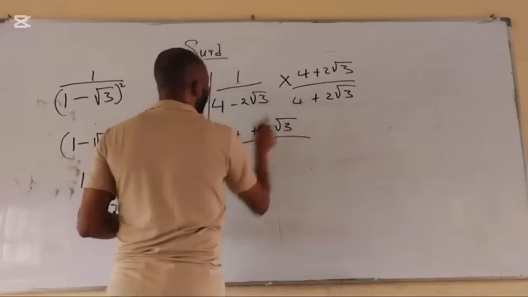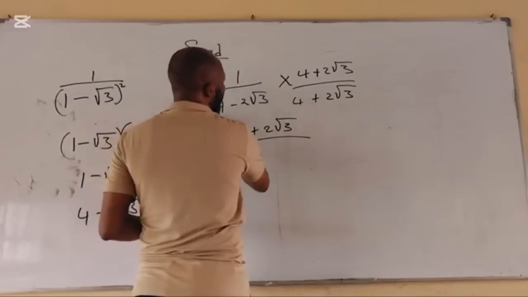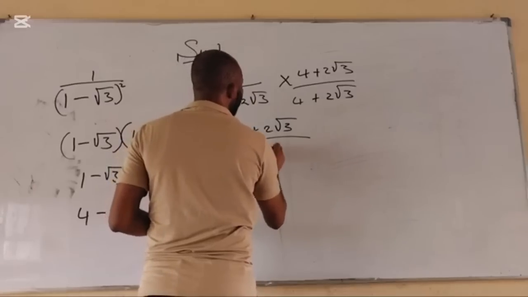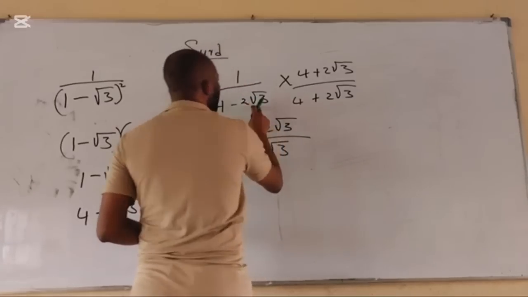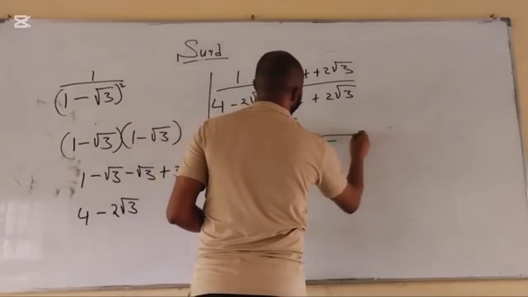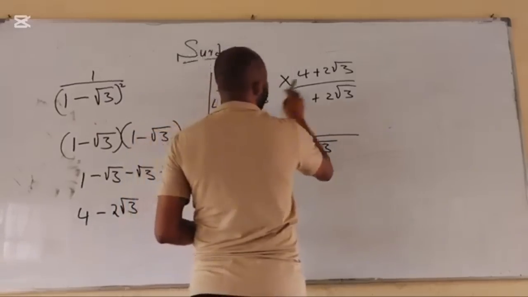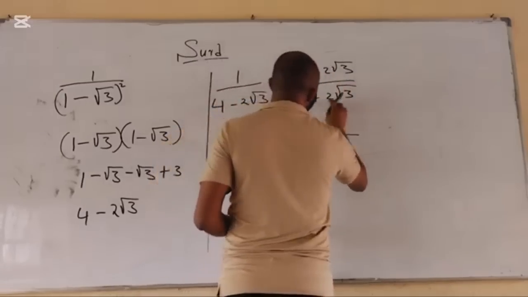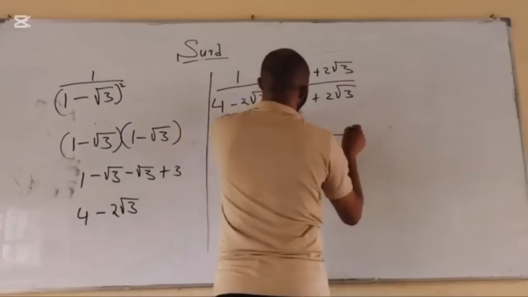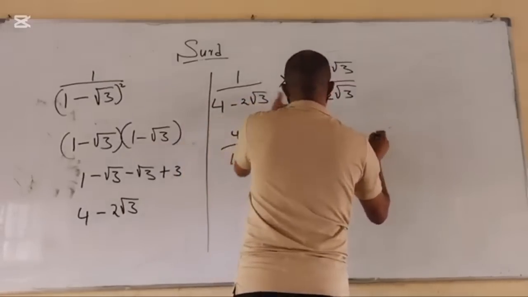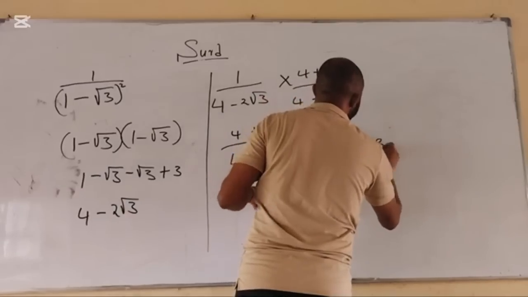Over 4 times 4 is 16. 4 times 2 root 3 is plus 8 root 3. Minus 2 root 3 times 4 is minus 8 root 3. Minus 2 root 3 times plus 2 root 3 is minus times plus is minus. 2 times 2 is 4 times 3. Root 3 times root 3 is 3.